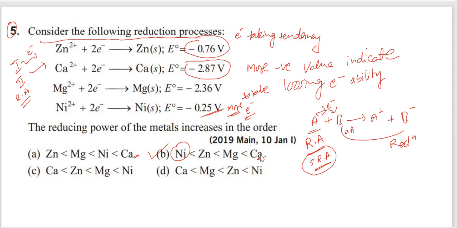Okay, calcium is stronger than magnesium, then zinc, then nickel. Zinc and nickel में एक बार check करो. 0.7, 0.2. Okay, 0.2 means more taking tendency is there. That means losing character is very less. That's why reducing character is very less. Right?